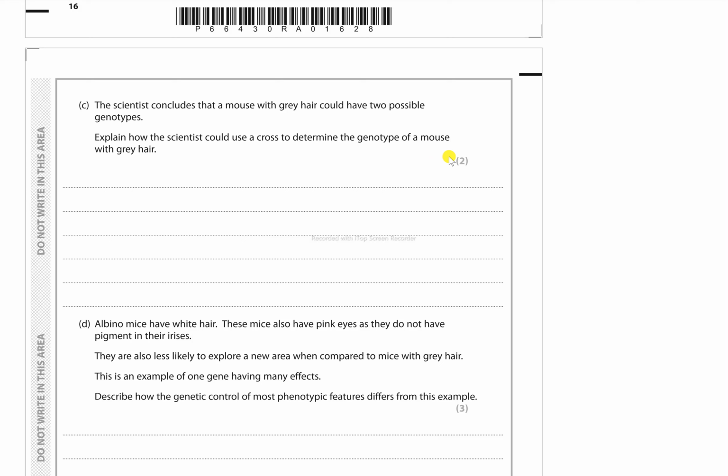What you could do is get a mouse with white hair, homozygous, and breed it.